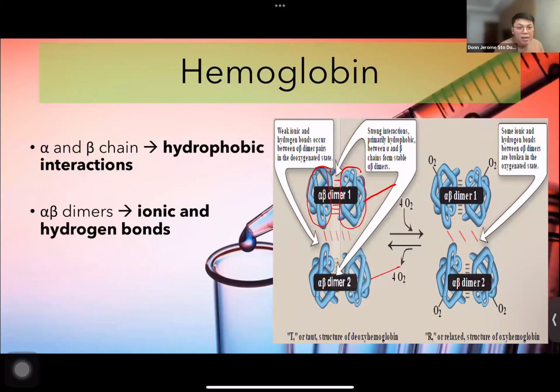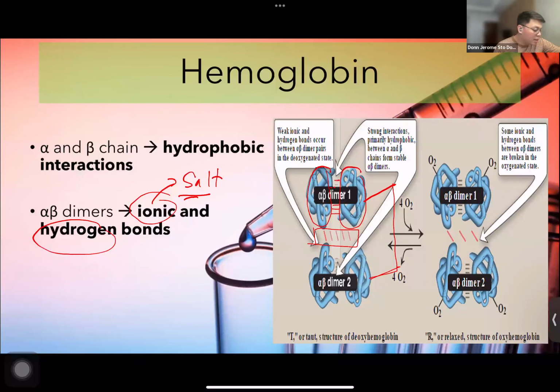Now, the bonds that hold your dimers together, AB dimer 1 and AB dimer 2, are your hydrogen or ionic bonds. Nakikita niyo yung mga red na bonds? Those are hydrogen or ionic bonds. Ano pang other tawag natin sa ionic bond? Salt bridges. Salt bridges, no? So pwedeng gamitin natin yan later on.